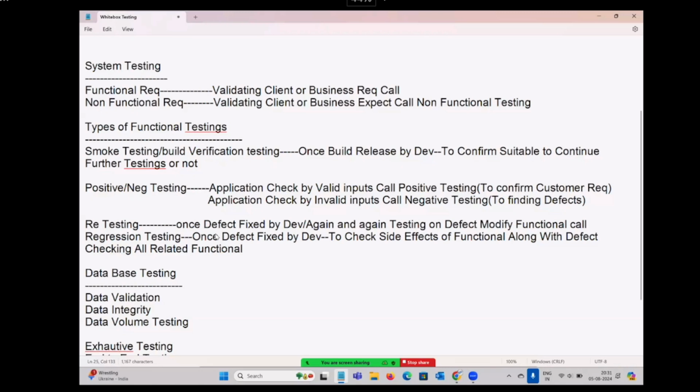Understand my point? Once again, everyone, once defect fixed by developer, to check side effects of functionality along with defect, checking all related functionalities, nothing but called regression testing.